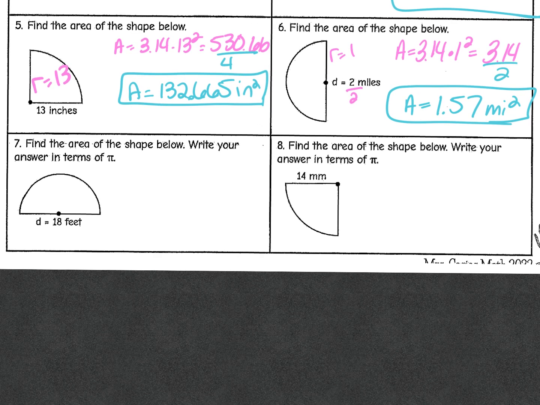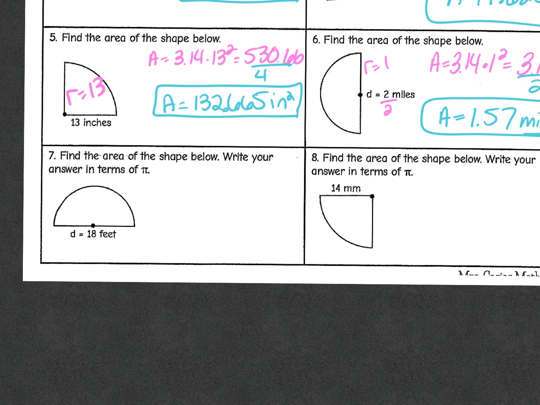All right, the next two, we're going to find the area of the shape, but we're going to write it in terms of pi. So let me show you how to do that. What's going to happen is first we have to find our radius. So we divide this by 2, which is 9. We're going to plug it in just as we have. We're going to leave pi in the answer. So area is equal to pi r squared, 9 squared, but we only want half of it, so we're going to divide by 2.